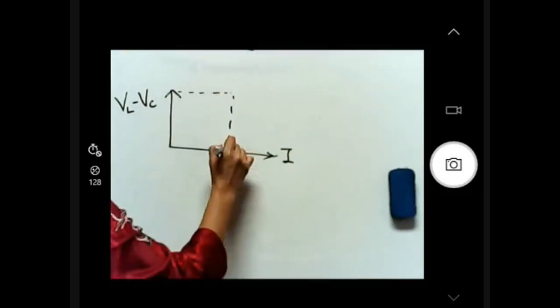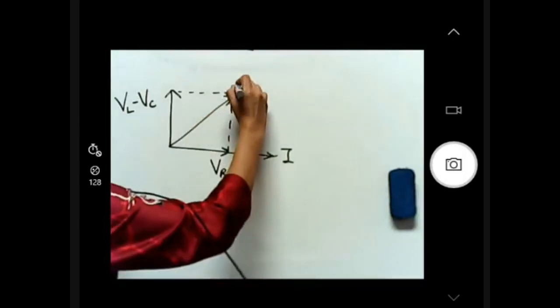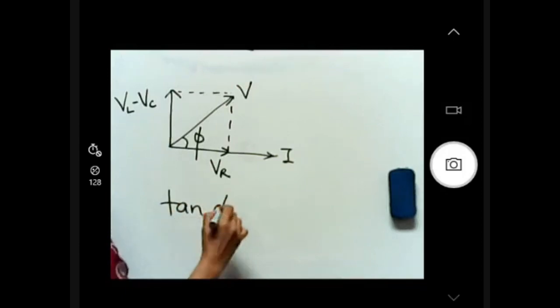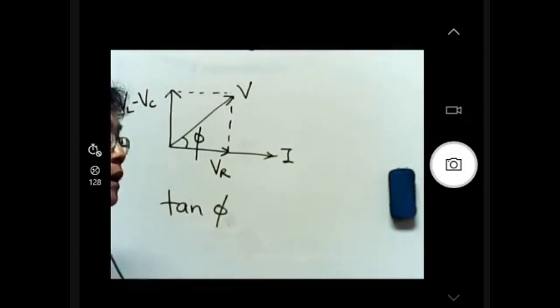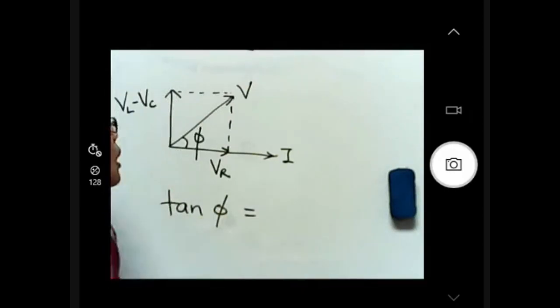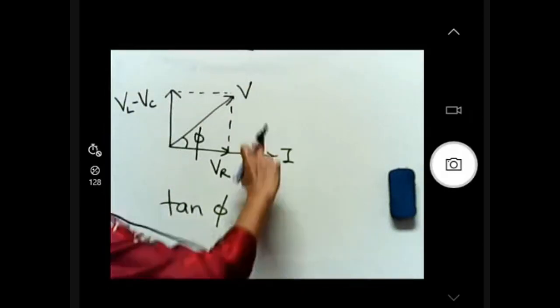So, a parallelogram. This is your V, this is the angle. Meaning, we can also find the phase angle. So, phase angle, I can use tangent. You want to use tangent, can. You want to use sine, can. You want to use cosine, also can, no problem. So tangent is opposite over adjacent. So your opposite is what?